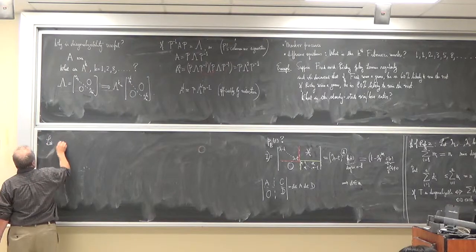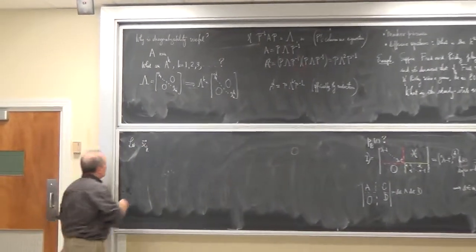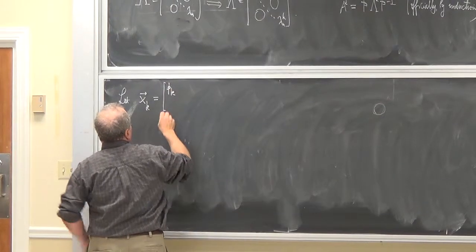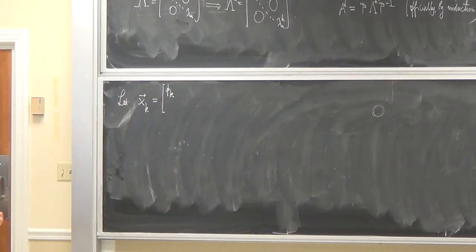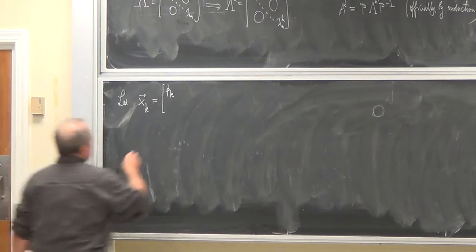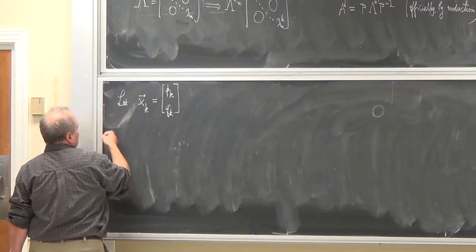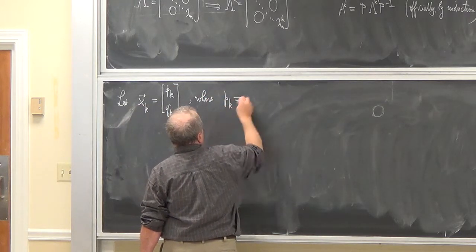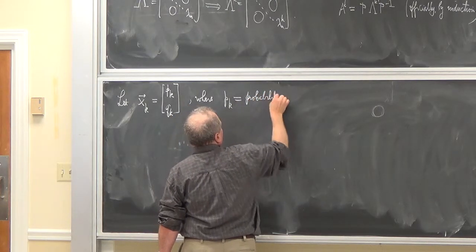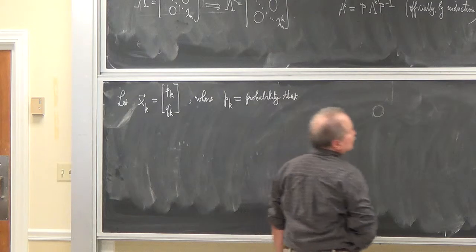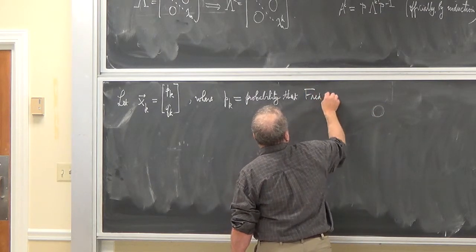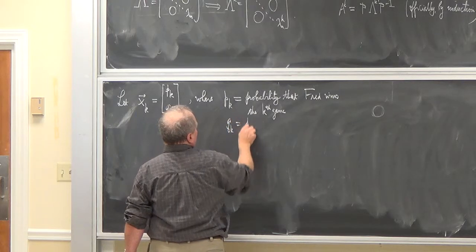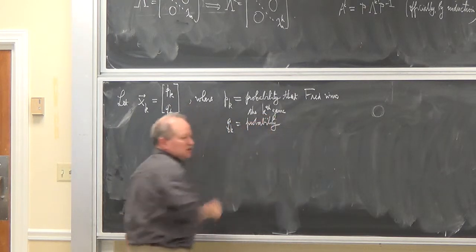So here's what we're going to say. Let x sub k, I'm going to make a sequence here, be the probability that Fred wins the kth game, and q sub k is the probability that Fred loses the kth game, which means what?